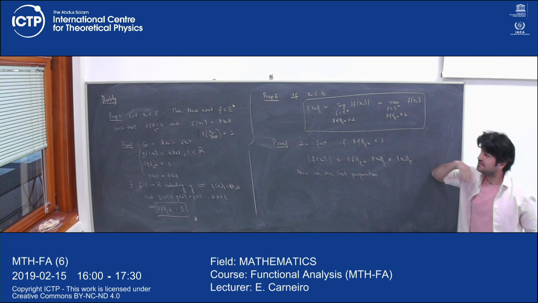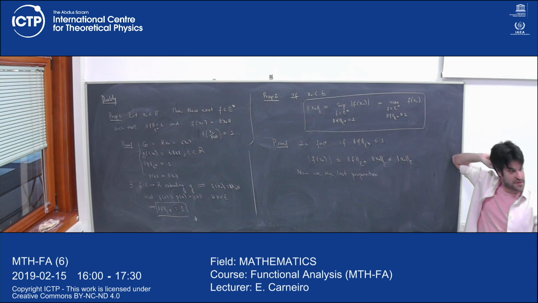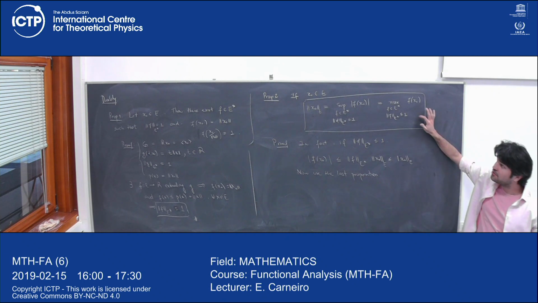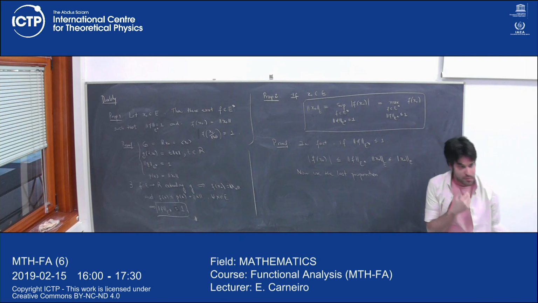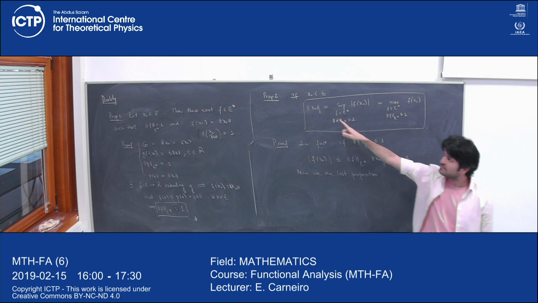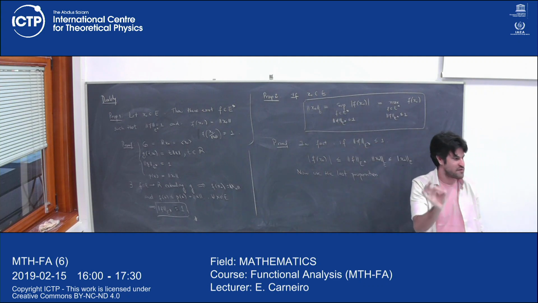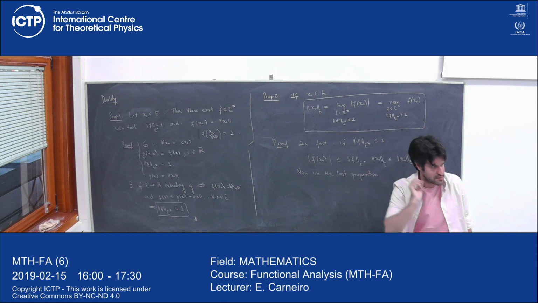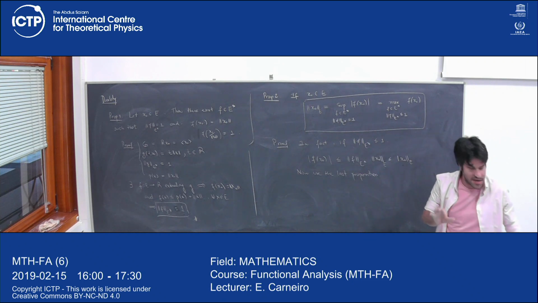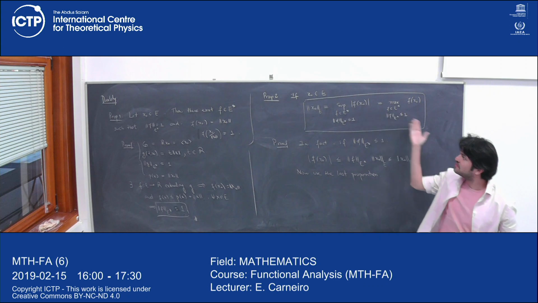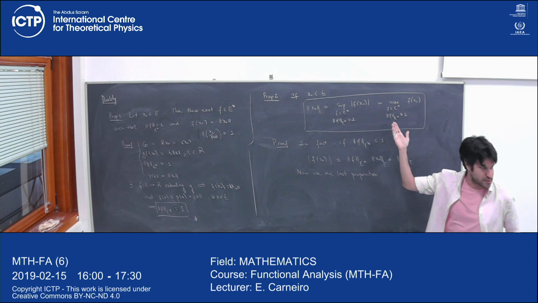It's very important that you keep this sort of duality in your minds. And actually, we have already used this when we were talking about LP spaces, and we discussed that the LP norm of a function is a sup of a certain integral of f times g, where g lies in the LP prime space, right? We will see again that this was just a manifestation of this phenomenon here.